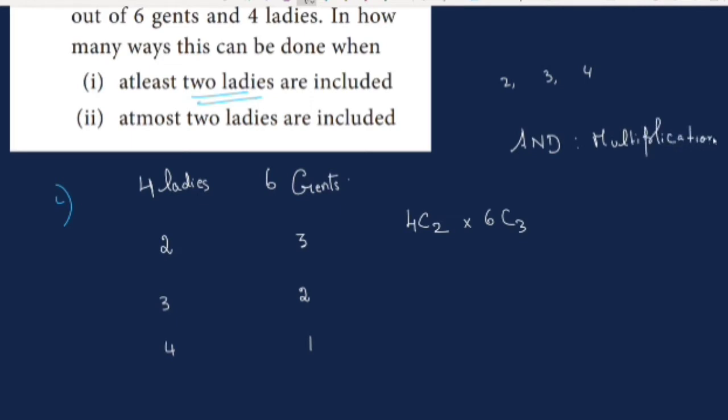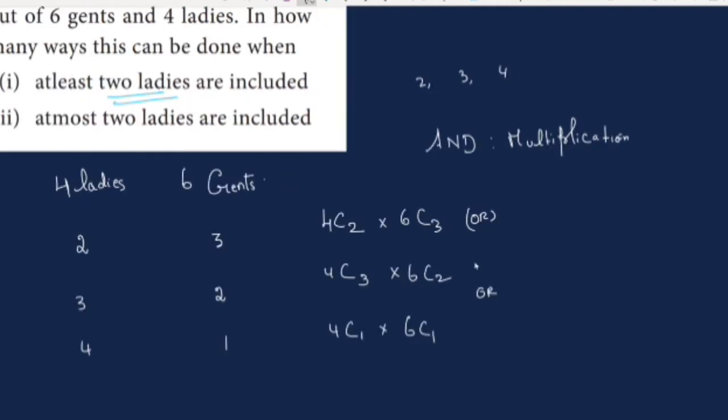Remember that. What is the next choice? 4C3, from 4 ladies we have to select 3. So how many ways can you select? 4C3 ways into 6C2, or... whenever it's "or", it is addition.